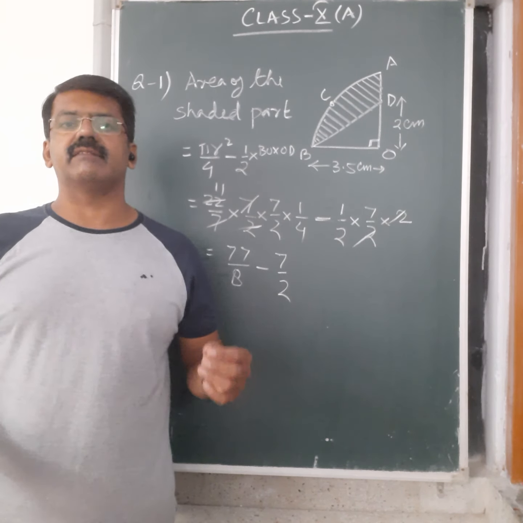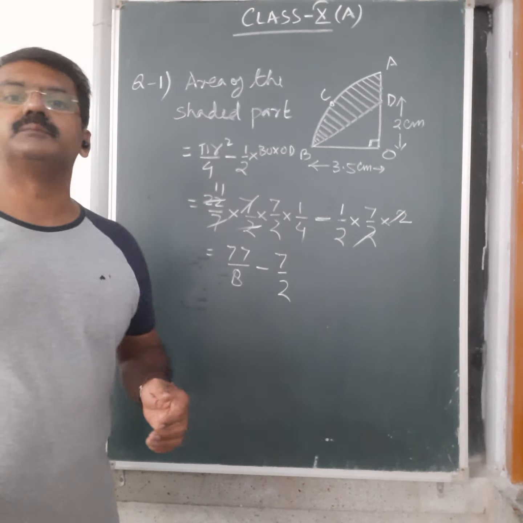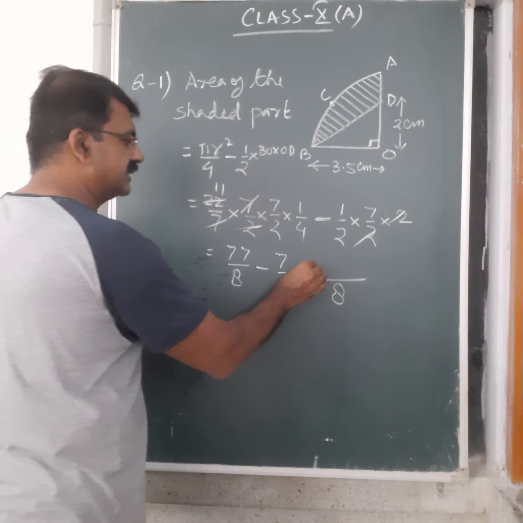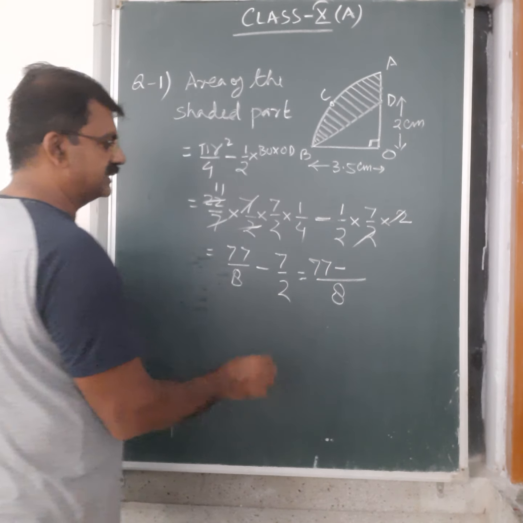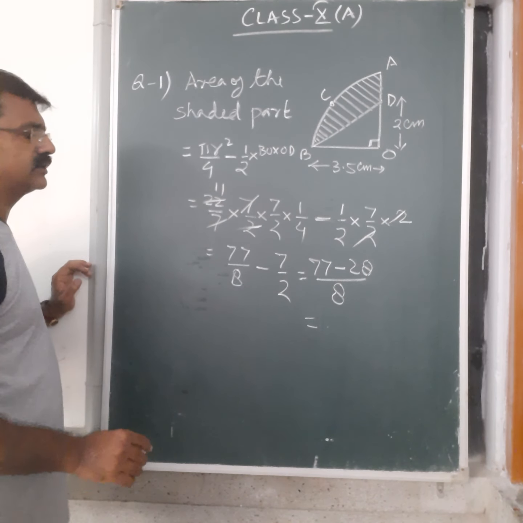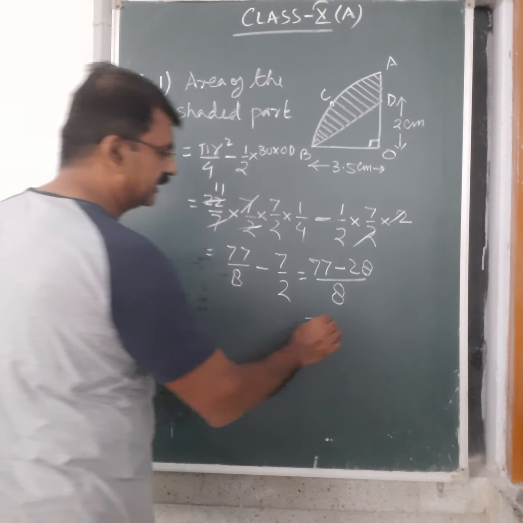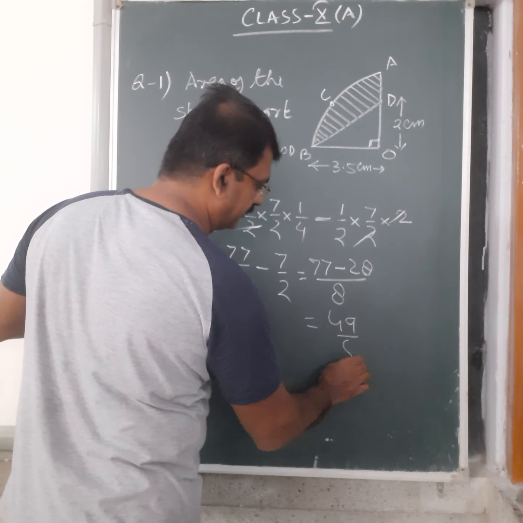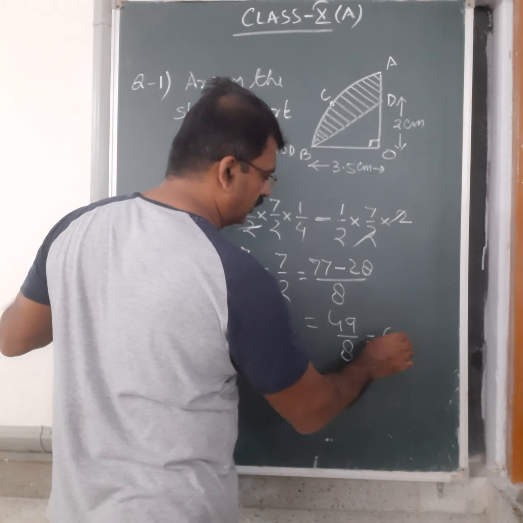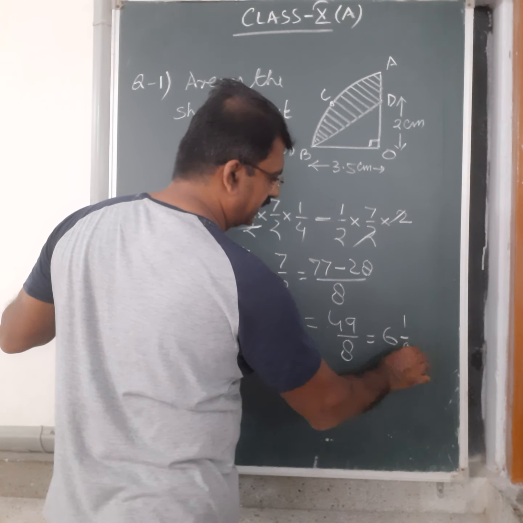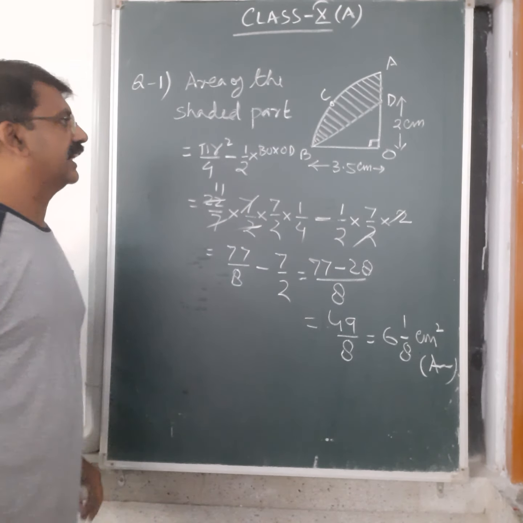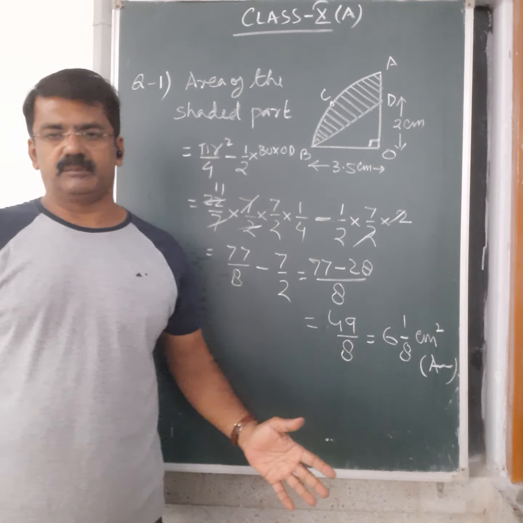Now take 8 as LCM, then it is 77 minus 28. Now 77 minus 28 is 49. So 49 by 8 is your answer. That is 6 whole 1 upon 8 centimeter square, the area of the shaded part.